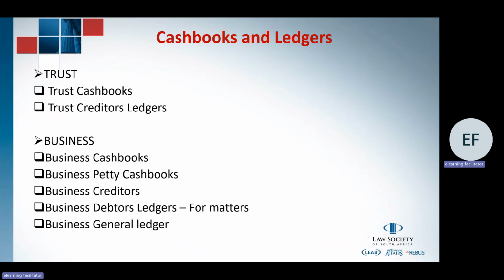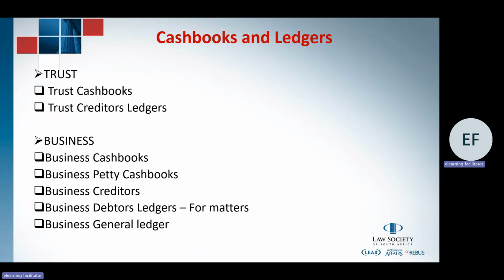With the trust creditors ledger, it means money that is put in a trust account, or that we are supposed to hold in trust, is only for our clients. And these clients, when it comes to accounting, we call them trust creditors. And with them being trust creditors, we have to account for their transactions under their ledger.